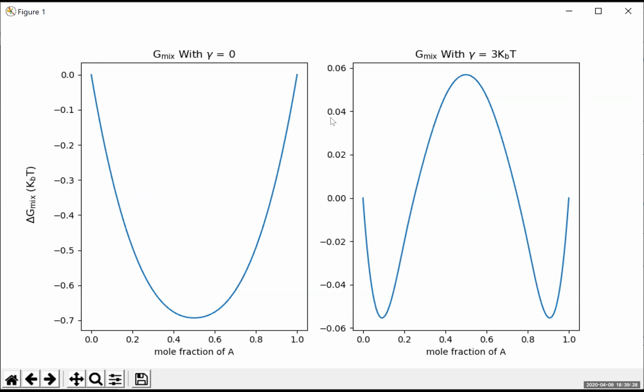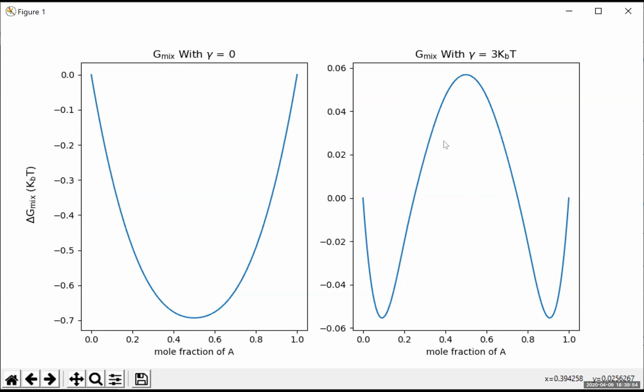For gamma equals 0, since we only have one minimum point, the most favorable state for the molecules is when there's an equal amount of A and equal amount of B. So this means that there cannot be a phase separation because it's most favorable when they're equally mixed.